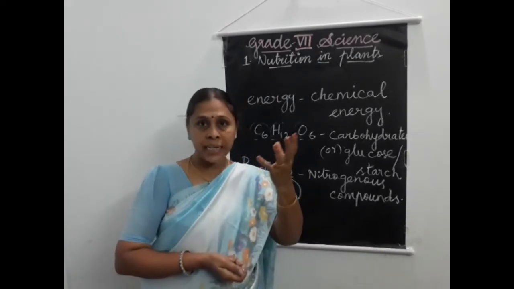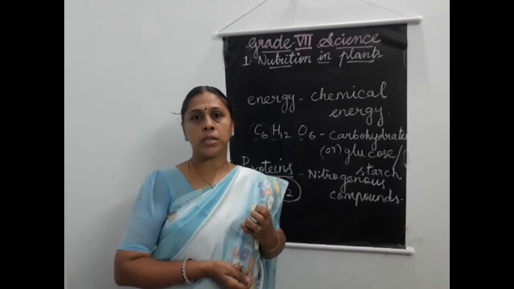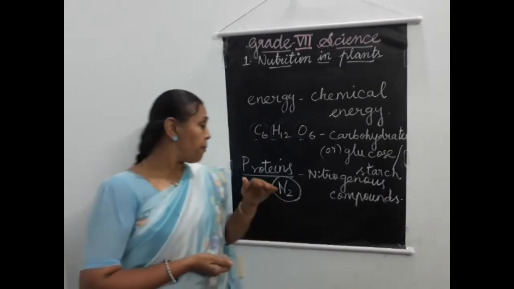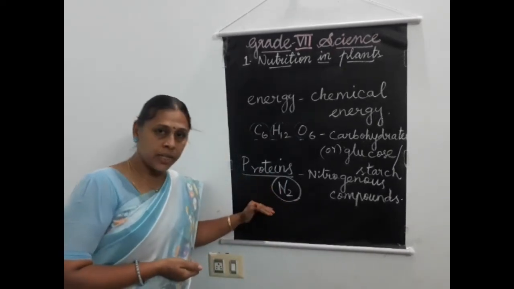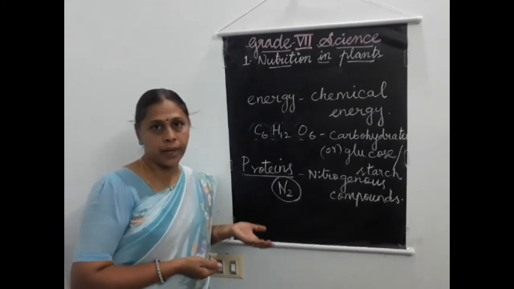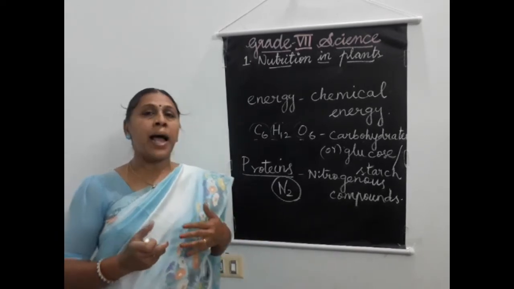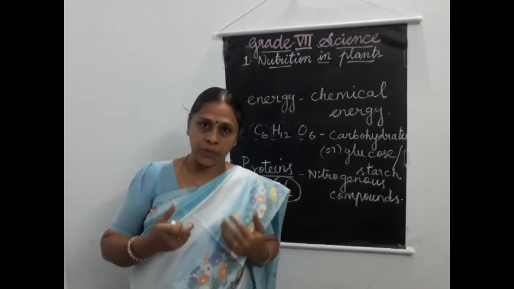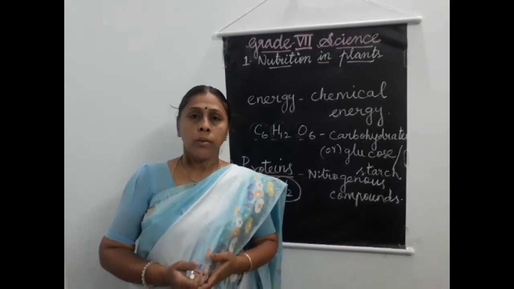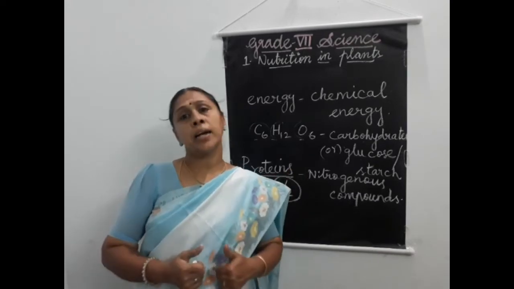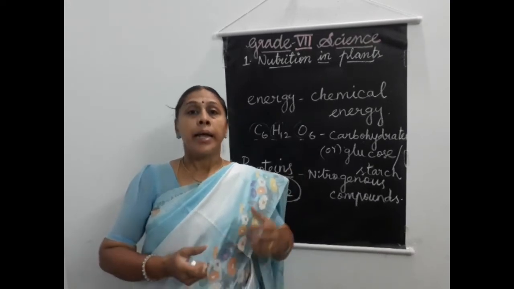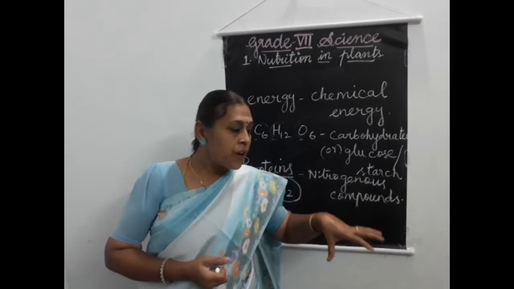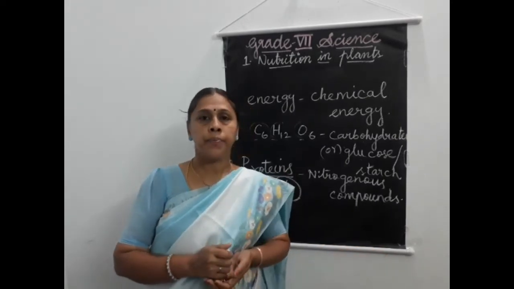Just as the plants absorb carbon dioxide for photosynthesis, in the same way the plants should absorb this nitrogen which is available in the atmosphere. But the plants cannot absorb the nitrogen directly from the atmosphere. Then how will the plant take nitrogen? It absorbs the nitrogen from the soil.